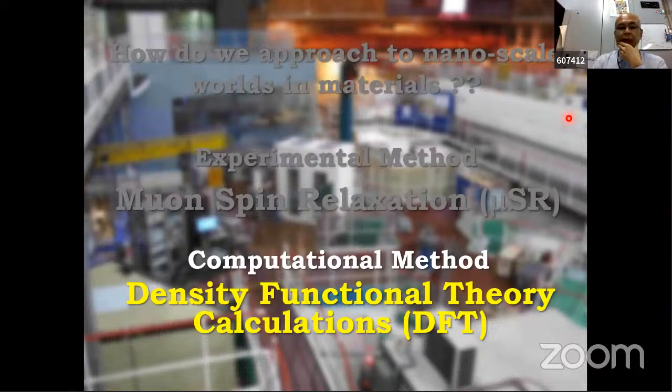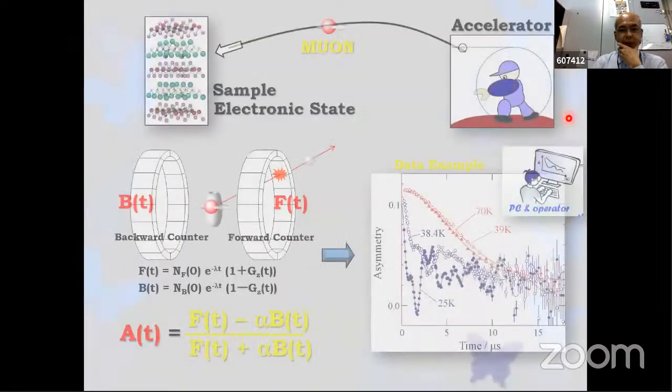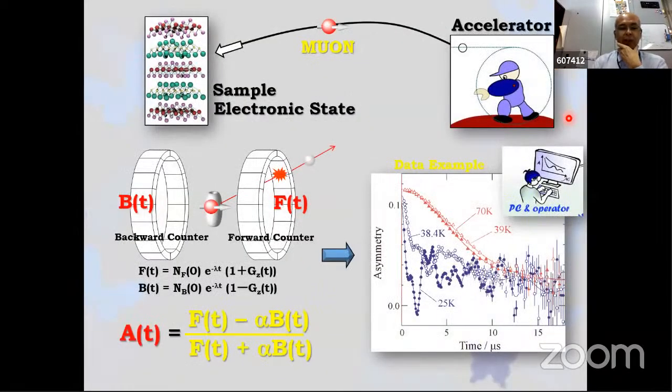In the end, I talk about density functional theory calculations. This is just to recall how to do muSR. We throw muons into the sample, and by detecting the signal from the sample, we measure the muSR time spectrum.